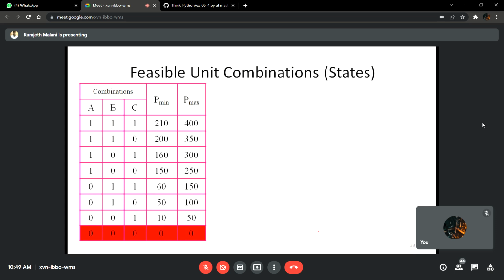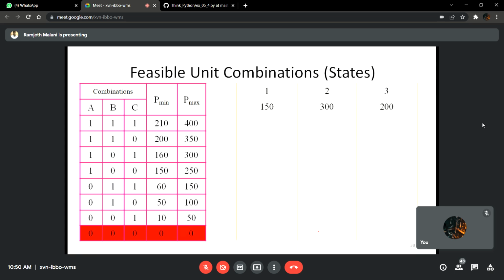So we have three units. Let us consider 000 as representing that the three units are in off state. 0 represents the unit is in off, decommitted state. 1 represents the unit is in committed state.